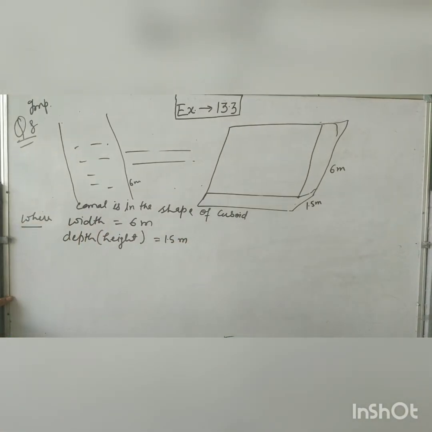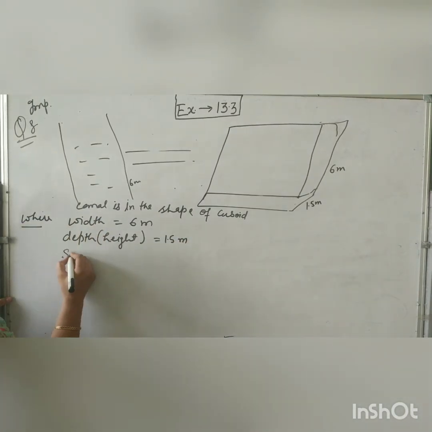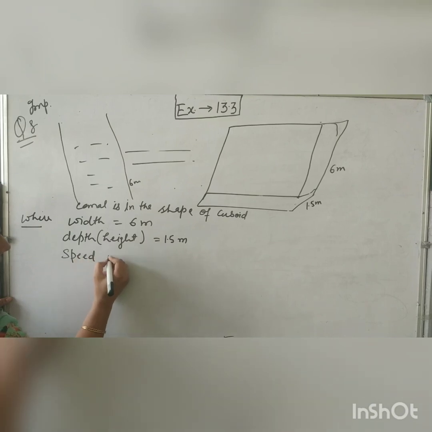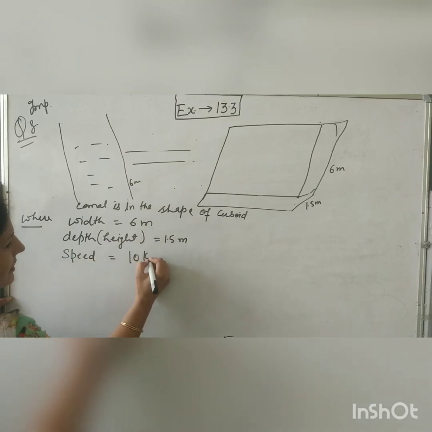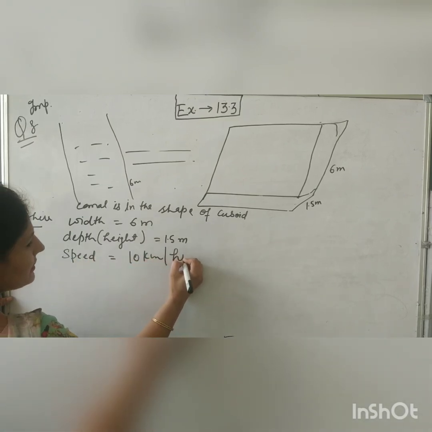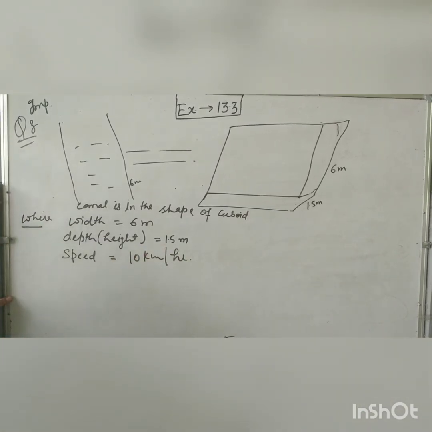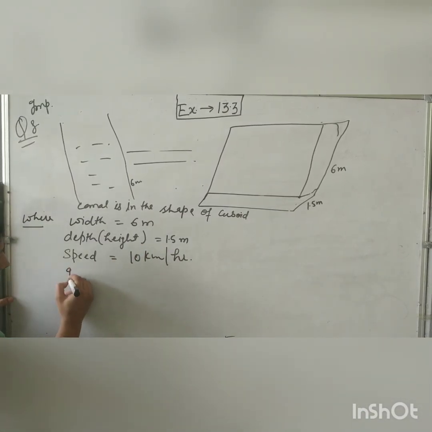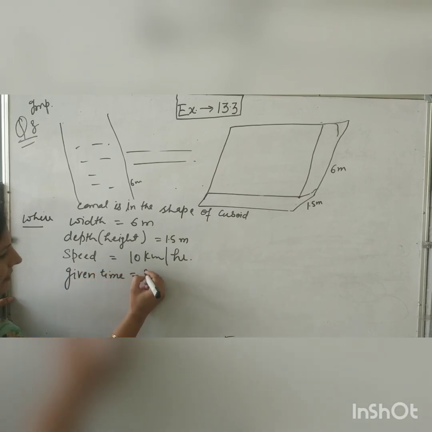Okay, and speed of water is also given. Speed is 10 kilometer per hour. Time कितना given है? Given time is 30 minutes.